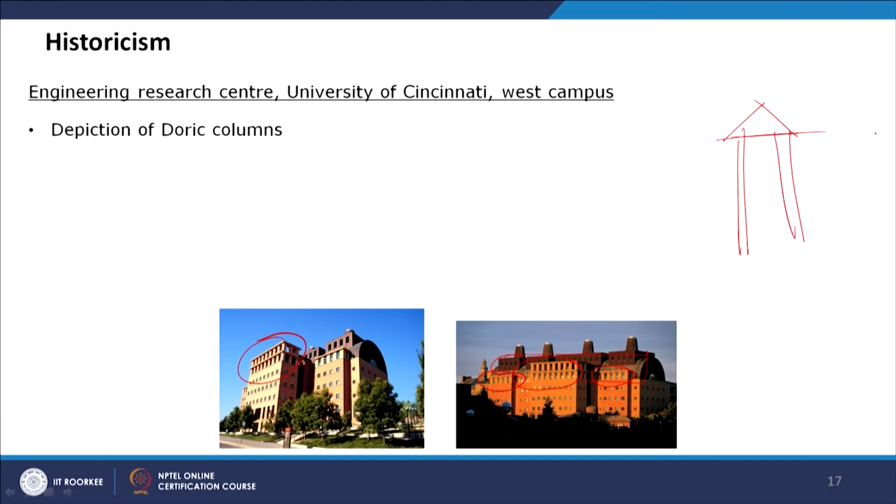But in historicism, these are freestanding columns on top of this main building, so they don't serve the purpose of a column, which should hold some structure on top of it. They are just short, and the depiction is not really a Doric column's way of depicting. There is no column capital. It's like a series of squeezed, short Doric columns.